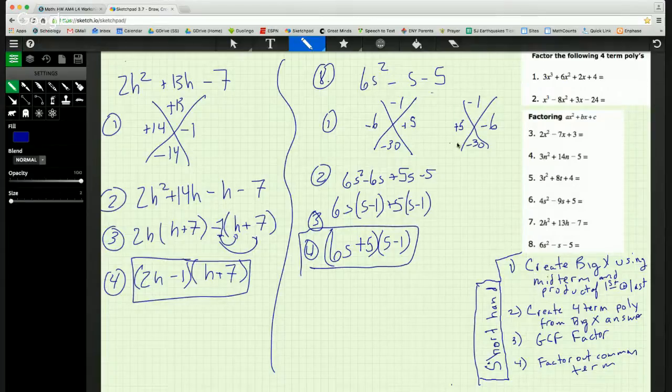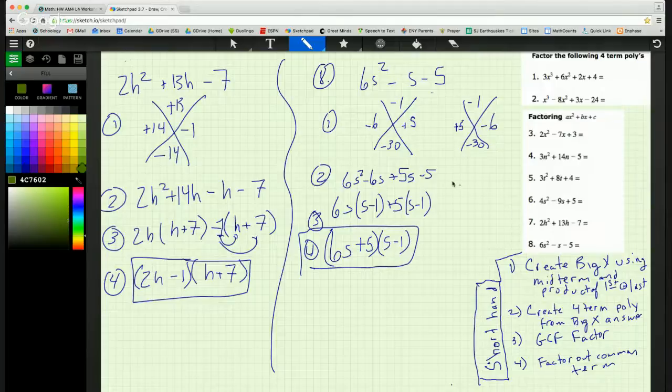But if we do it the other way, we're going to still get the same answer. And watch this. I'll just do this one in green. So we get 6s squared and minus 5. Same thing on the outside, but on the inside we're going to go plus 5s minus 6s. So watch this. So I'm going to go s times 6s plus 5 minus 6s plus 5.